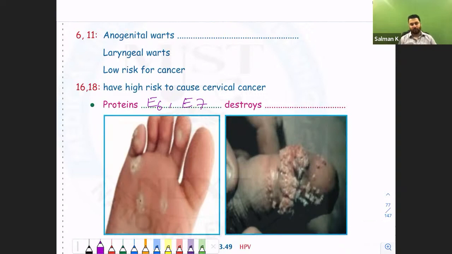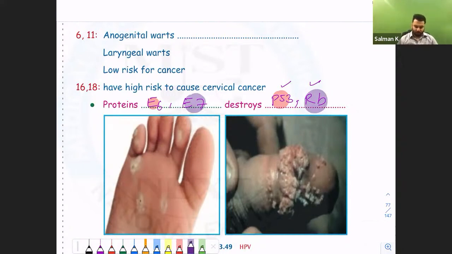The E6 and the E7 proteins destroy the tumor suppressors called P53 and RB. See, P53 and RB, they're good for us. They protect us from cancers. Remember, guardians of the genome. And this is what is damaged by these guys. Hope it is clear to all of you. E7 damages the RB, E6 damages the P53.